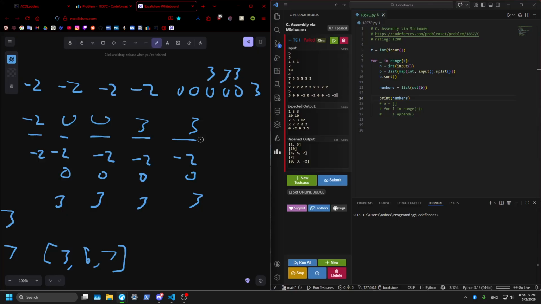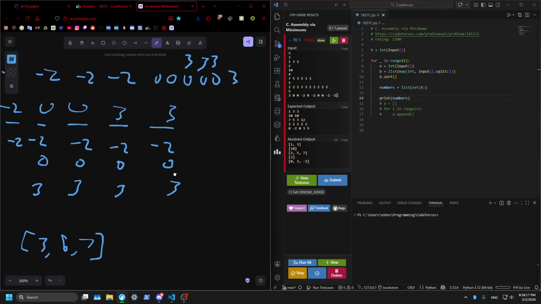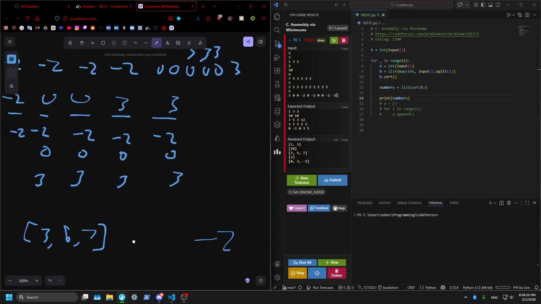So, basically, the first number will always be the smallest number.